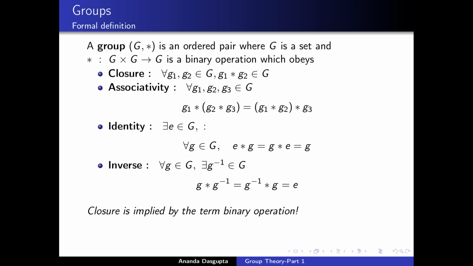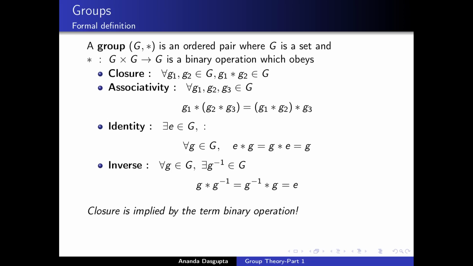So if G1, G2, G3 stand for three things which you can do to a set, then what does G1 star G2 star G3, the thing on the left here, mean? It means that you are going to do G2 star G3 first on that object, and then you are going to do G1. Which of course now means you are going to do G3 first on that object, then G2.